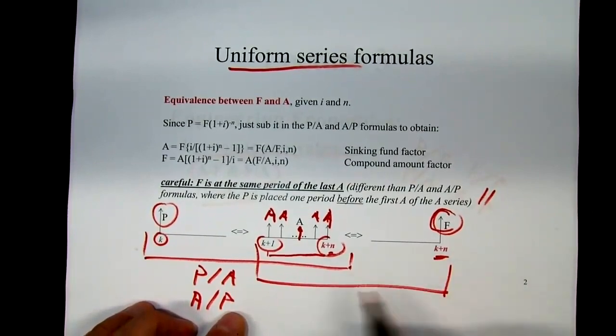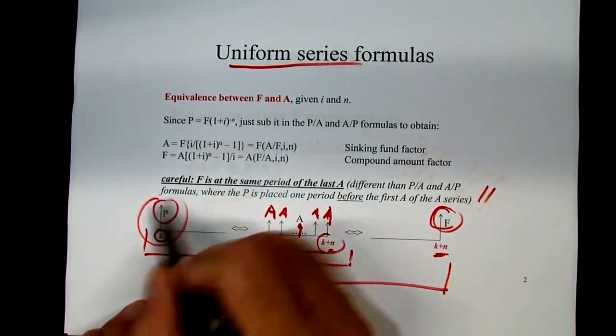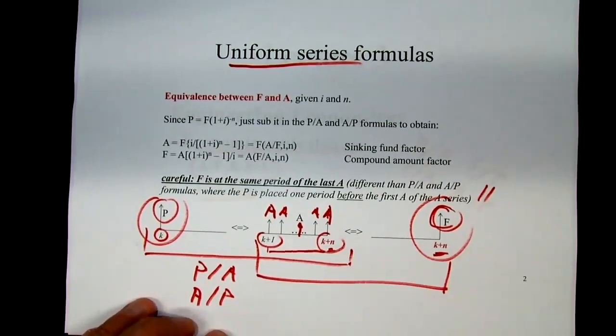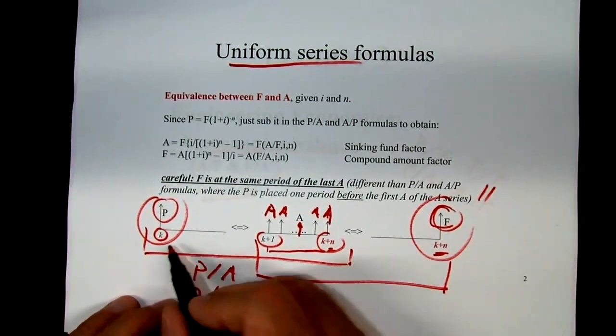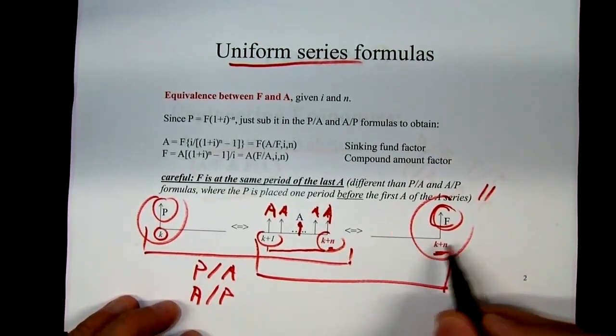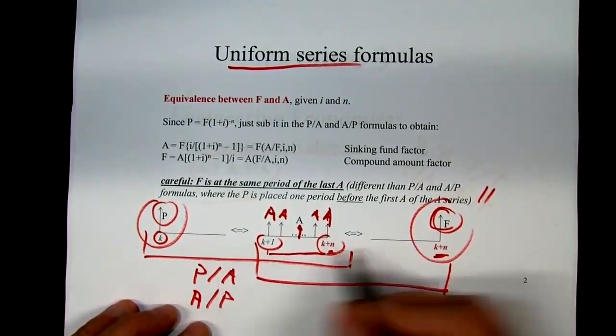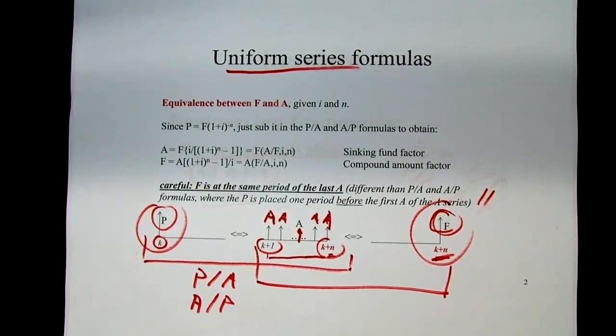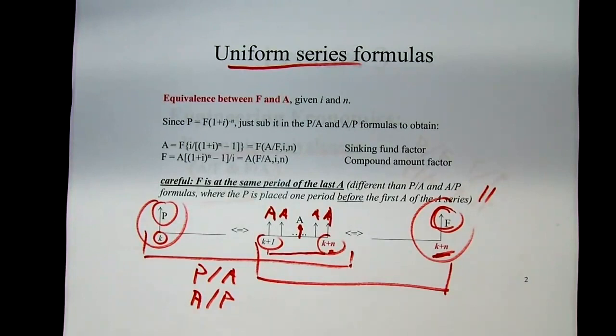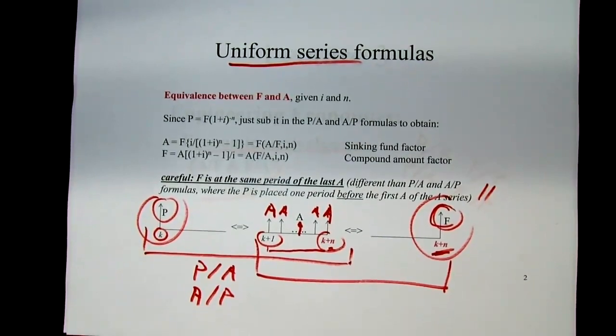This is because you want P and F to also be equivalent to each other, related by the P given F and F given A formulas, which require F to be at period N.